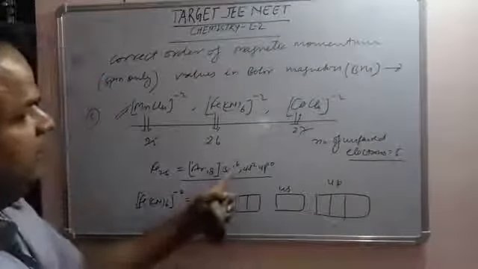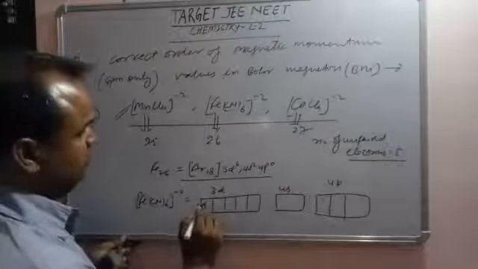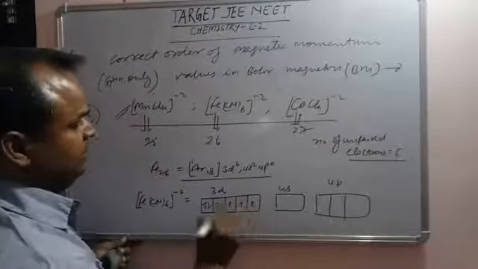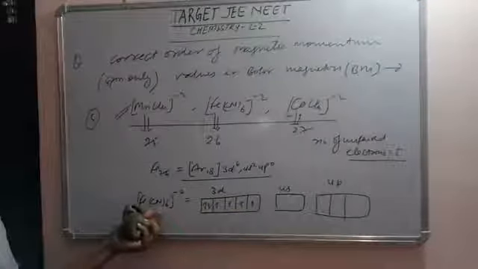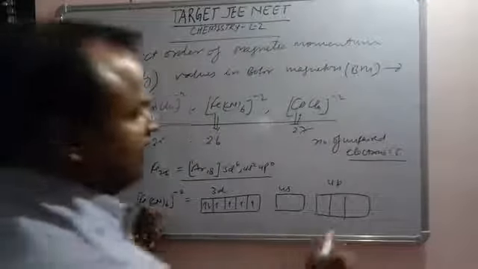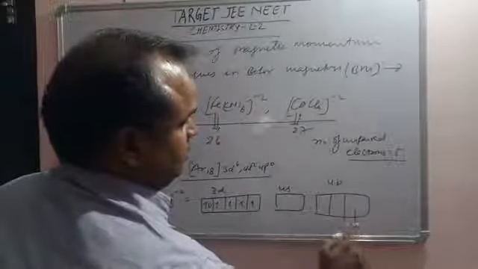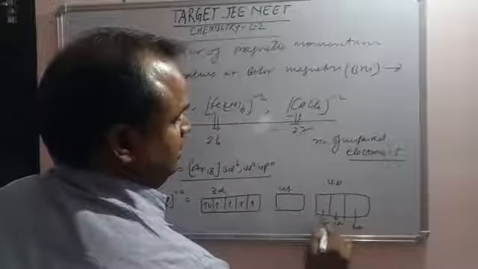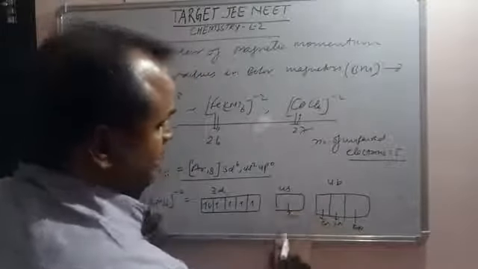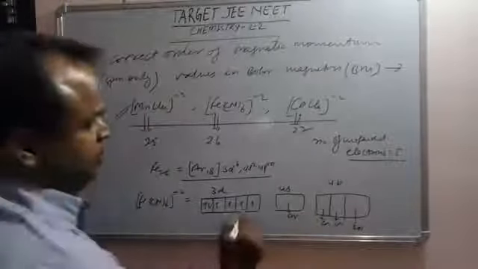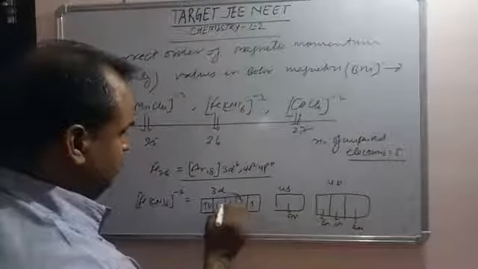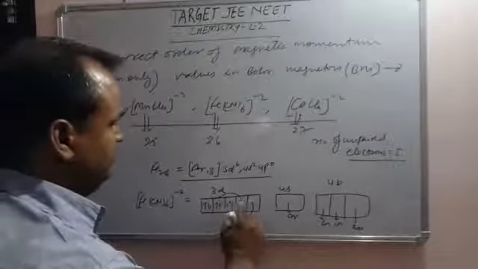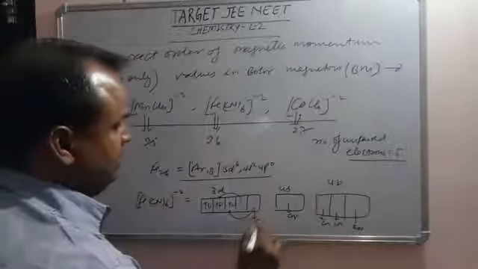Now in this case there are 6 electrons, 1 2 3 4 5 6. Now we have 6 CN: first CN, second CN, third CN, fourth CN. Still we need 2 other places, so these electrons can be shifted here. It becomes like this and this becomes free, so that CN can combine here.